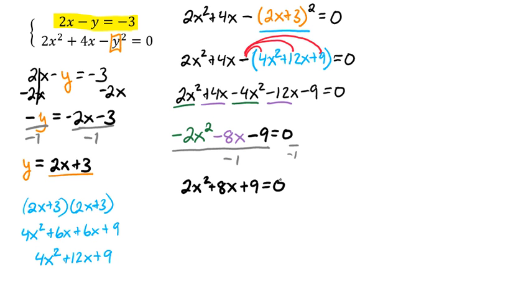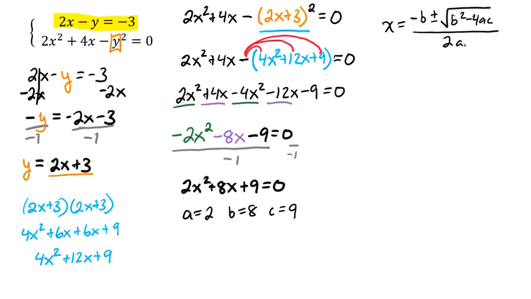And so from here, I'm going to use the quadratic formula. So I have an a value of 2, a b value of 8, and a c value of 9. So remember, we have x equals -b plus or minus the square root of b squared minus 4ac, all divided by 2a.